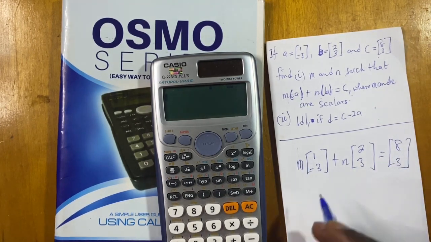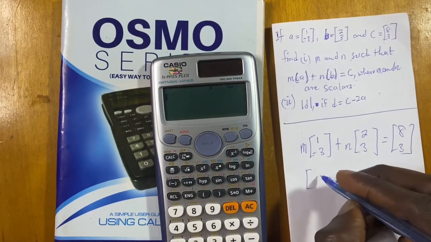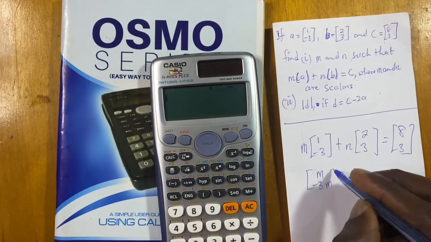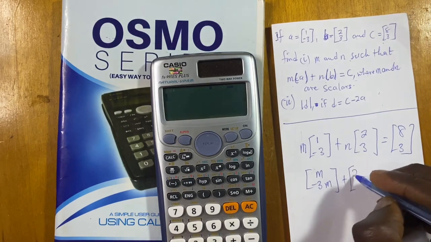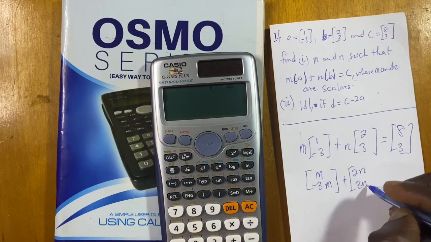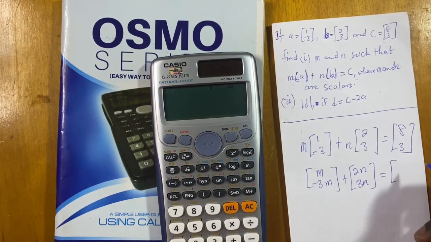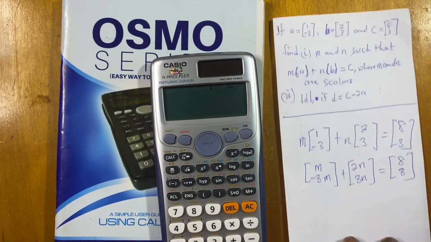Now we can open the bracket. When you open the bracket, we have (M, -3M), bracket close, plus we have (2N, 3N), bracket close, then we have this as (8, 3), as simple as this.